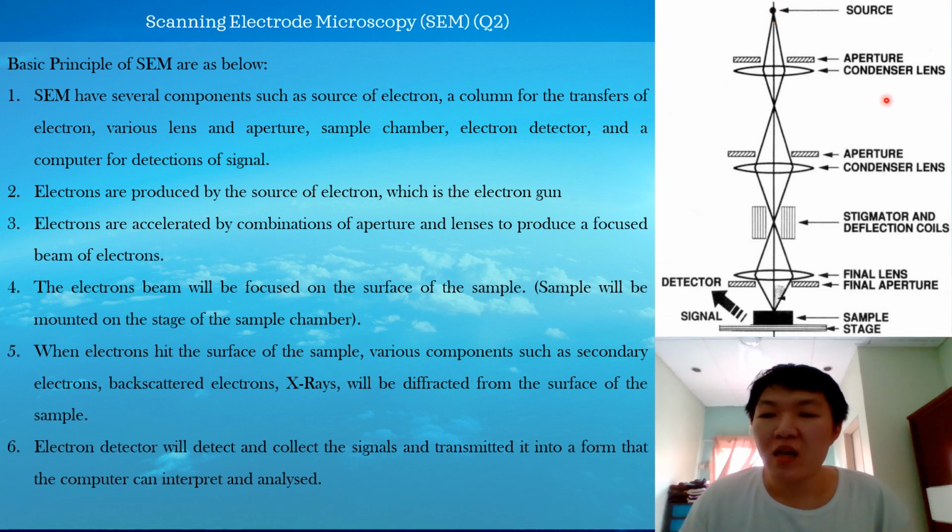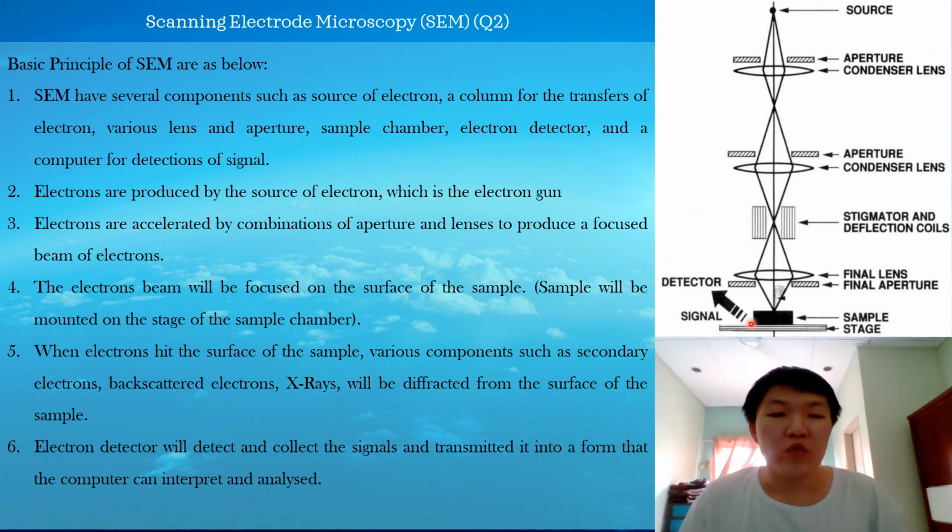The function of the first condenser is to produce a coarse, basic beam, and the second condenser converts the beam into a thinner, more readable beam. The function of the aperture is to eliminate the high energy electrons. After the electrons are accelerated, the final aperture focuses the beam towards the sample placed on the sample stage, which is in the sample chamber.